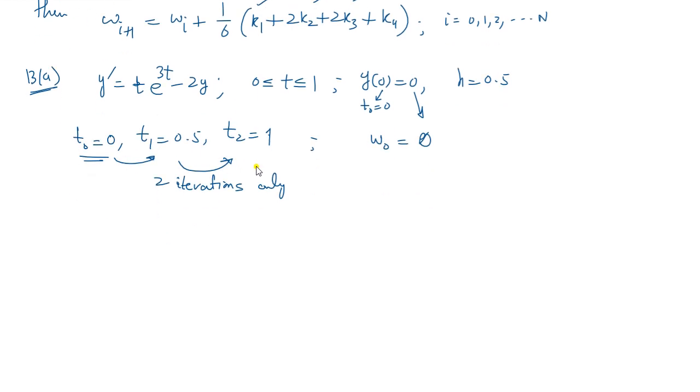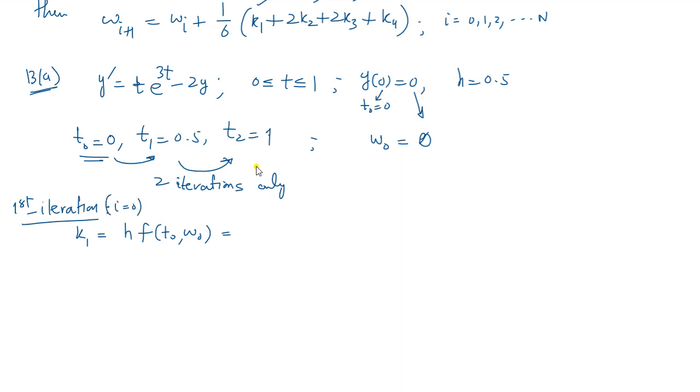Okay, so now I will find K1, right? K1 is H F of T0 W0. At first step, right? The first iteration. In first iteration, my K1 starts from 0, 0 on the right side. I is 0, right? I is equal to 0.